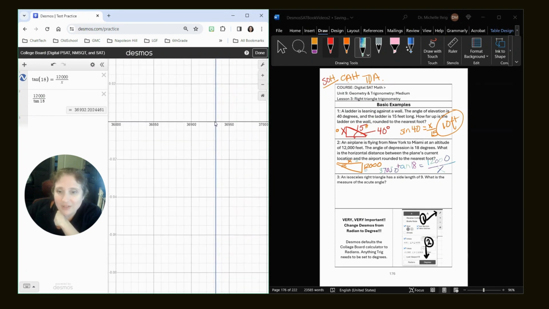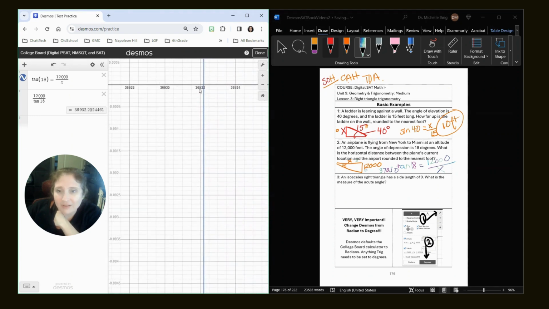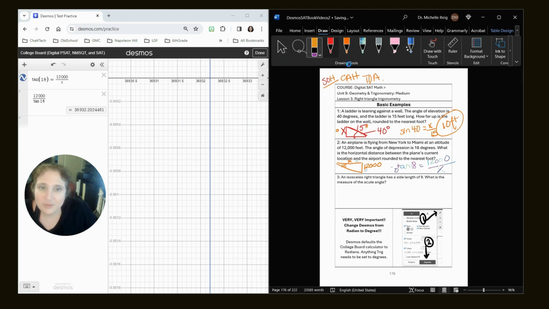Zooming in, round it to the nearest foot. Moving, moving. So that's the better thing. Just keep zooming in. I got lazy. So zooming in, we can see our answer is 3, 6, 3, 2. And I missed the 9 in the middle. Don't be lazy like me.